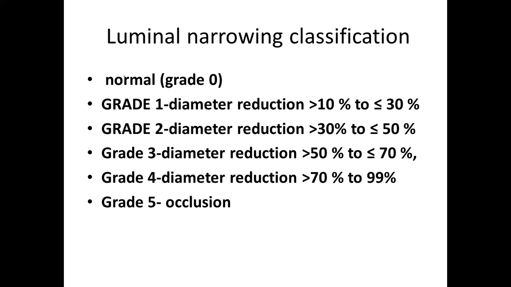Some say when it is normal, it is grade 0, and grade 1 is diameter reduction between 10 to 30%. Then grade 2 is 30 to 50%, then 50 to 70%, and 70 to 99%. And the last grading is occlusion. Right? So this grading may differ. Some may start from grade 1, some may start from grade 0, but this is the arrangement. There should be 6 gradings for this luminal narrowing.